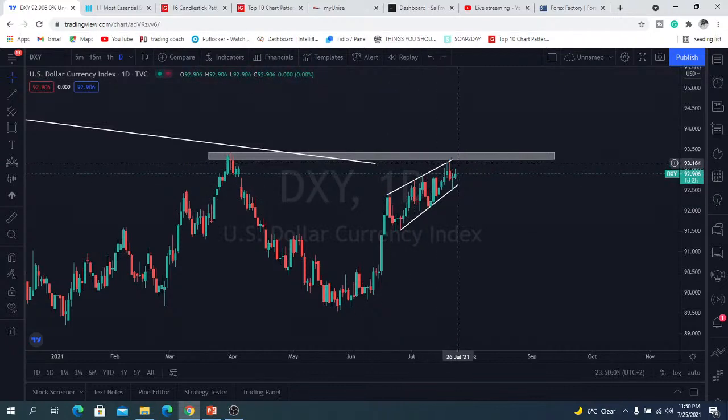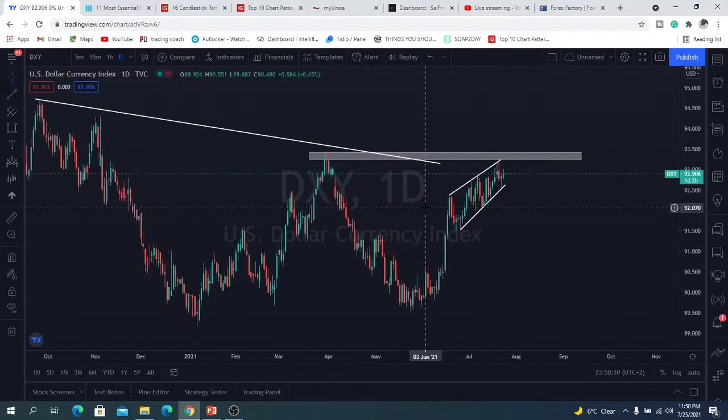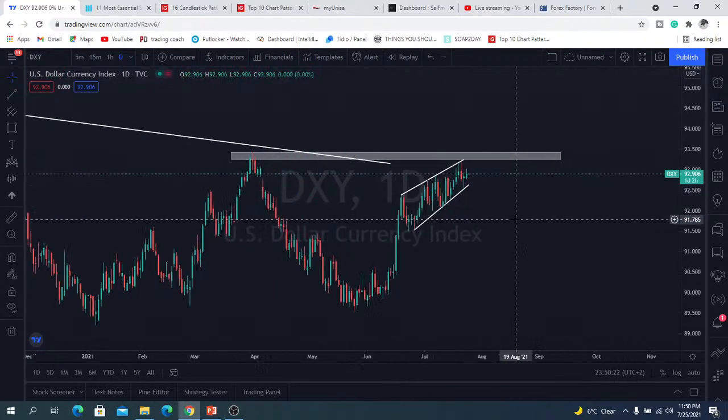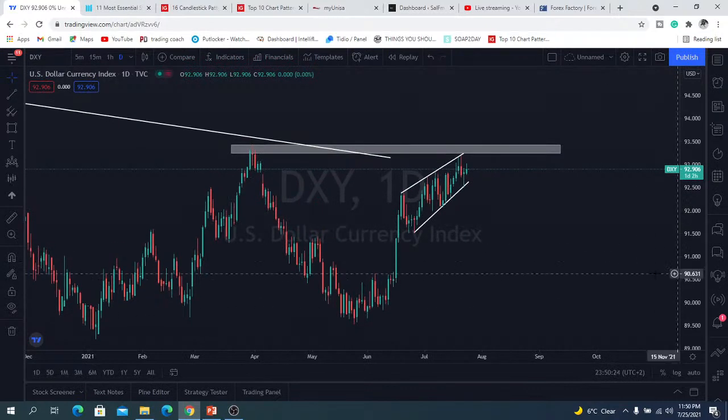But when the market was supposed to break this resistance, it went in a corrective manner, and this represents a reversal. So from here, we might have a move to the downside. This is DXY on a daily time frame. From here, we might have a move to the downside.